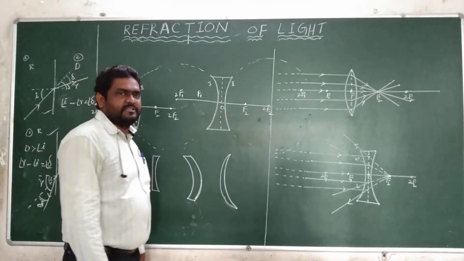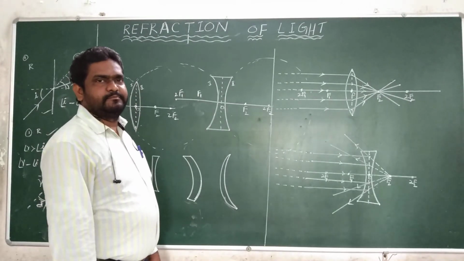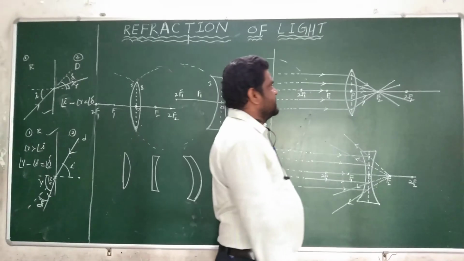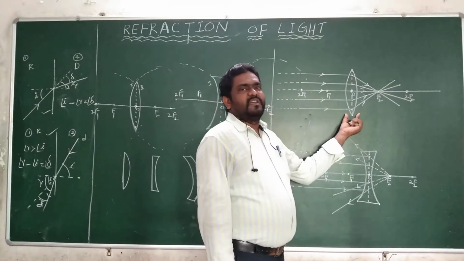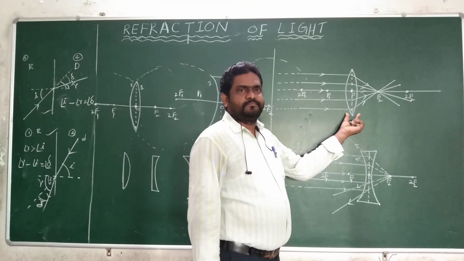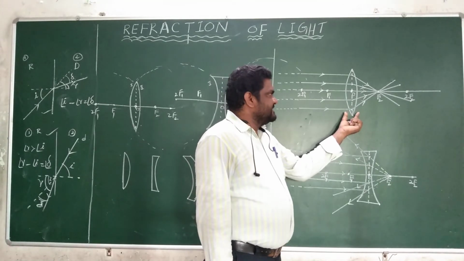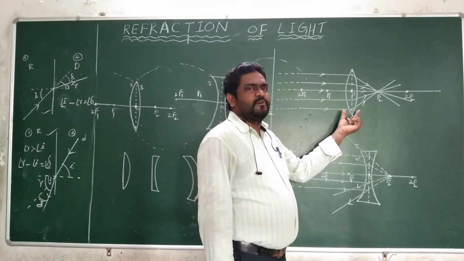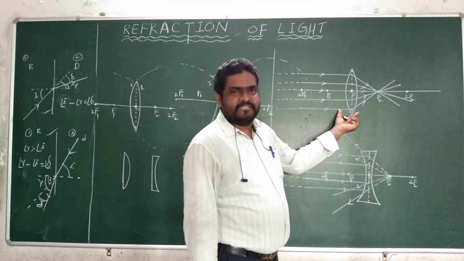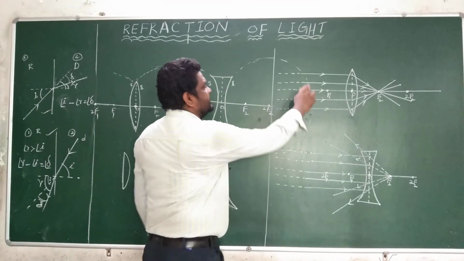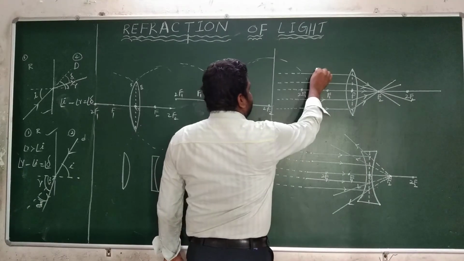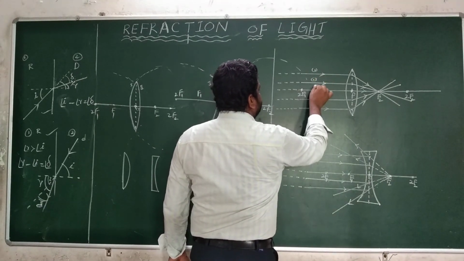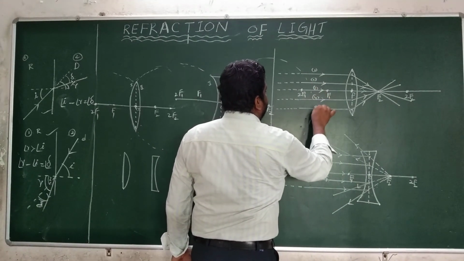Another thing I want to explain is what is meant by focus, and how to find the focus with an experiment. Take a lens placed on a lens holder. The lens is facing the sun's rays. See here, these are the sun rays: ray 1, 2, 3, 4, 5.